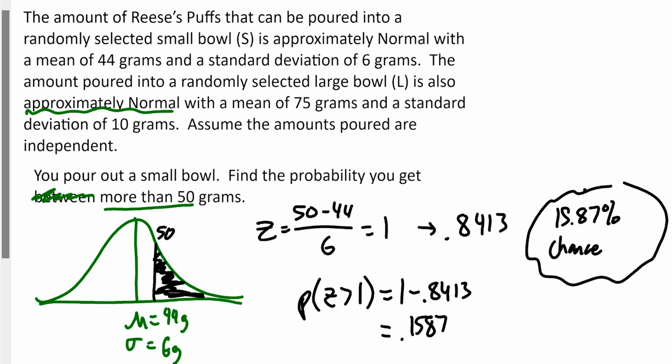Now, we've talked about what happens with these things called joint distributions. It has to do with transformations, how we are moving things, whether we're adding things together, subtracting things, combining things, looking at comparing. And I want to review that right now.